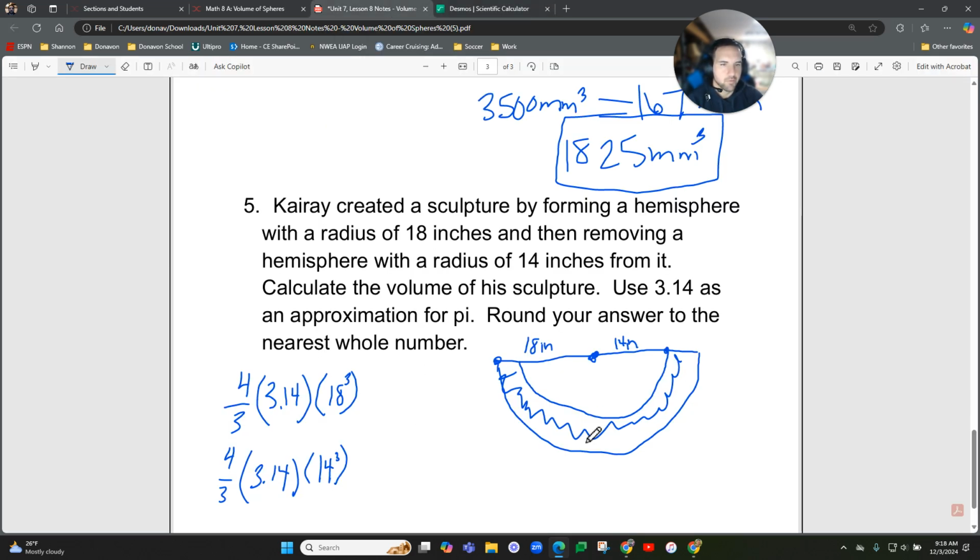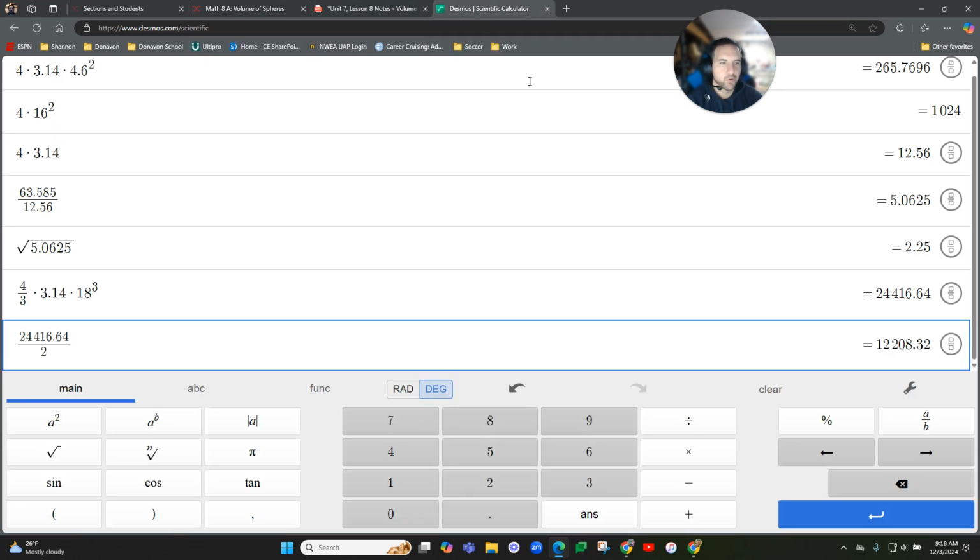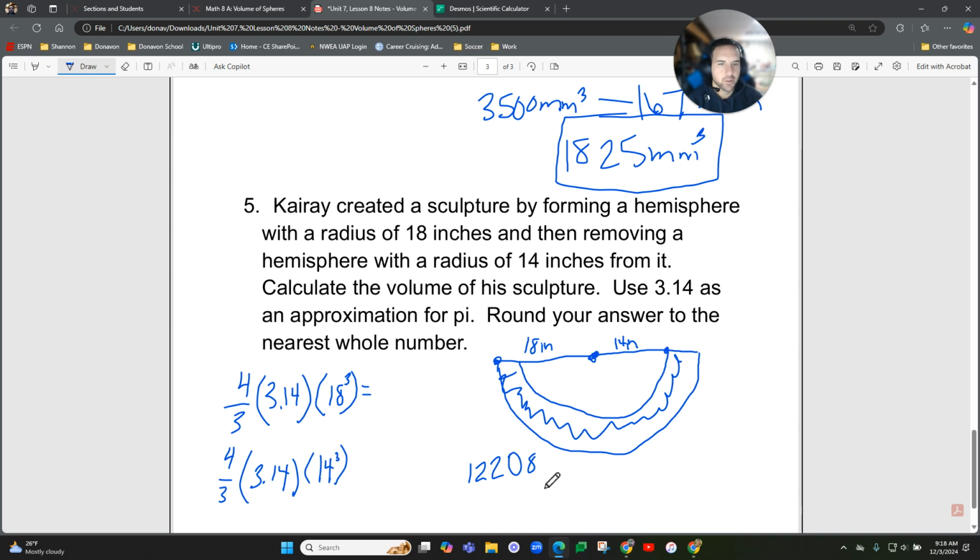So that's the volume of the bigger one, the radius of 18.